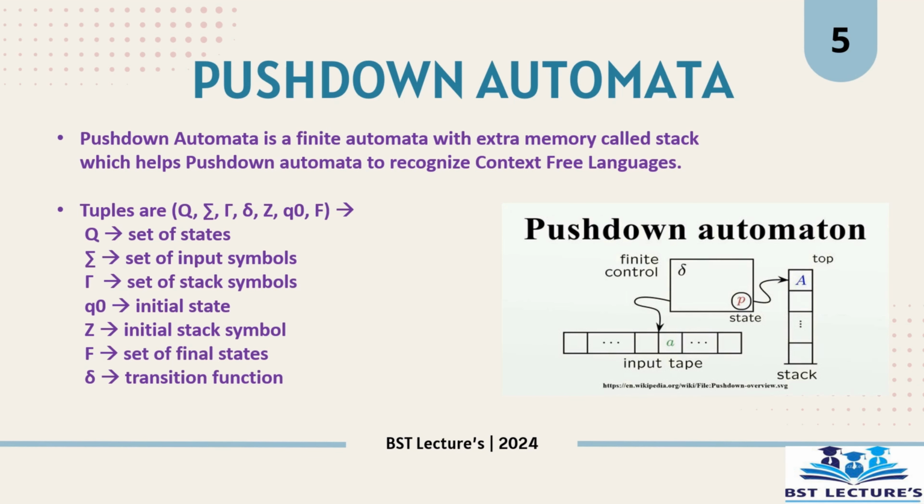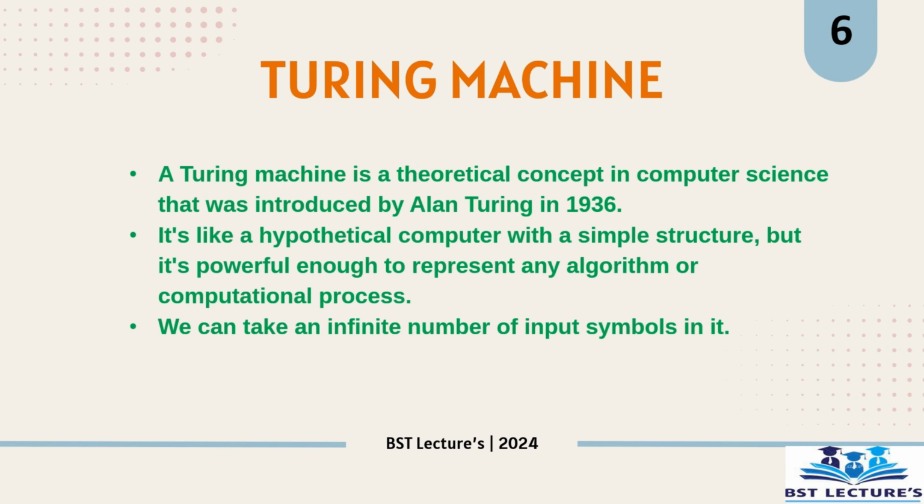Now let us get into the completed 2 types of machines: finite automaton and push down automaton, and the third type is Turing machines. We have seen that the limitation of the finite automata is that it has no memory to store, and this limitation is the advantage of the push down automata, which has a stack memory to store the elements.